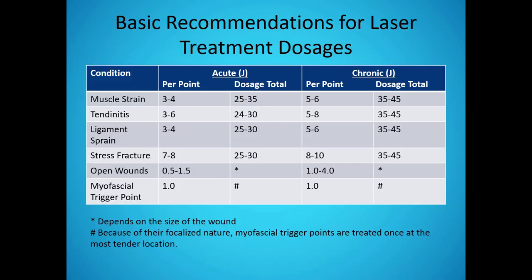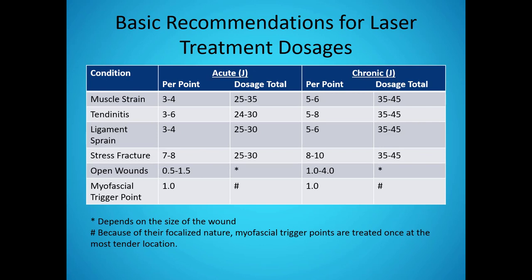Here is another example of basic recommendations for laser treatment dosages. For example, we have some common conditions such as muscle strains, tendonitis, ligament sprain, stress fracture, open wounds, and myofascial trigger points. We can see if they are acute or chronic, there are different protocols.